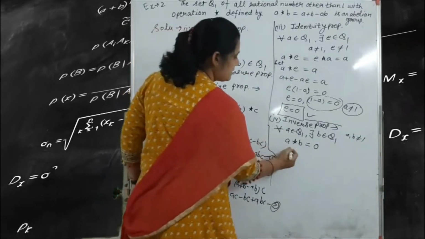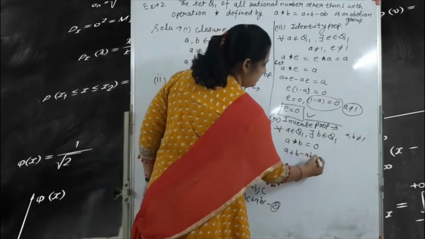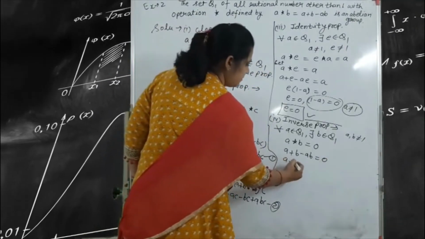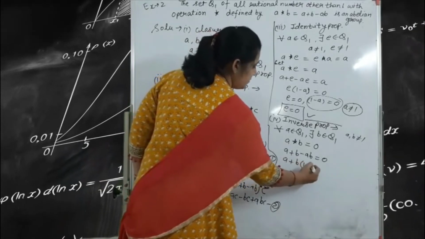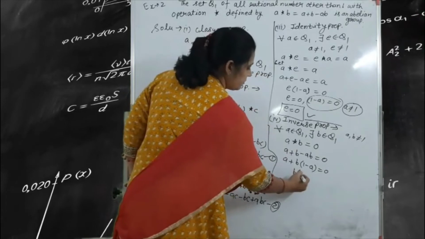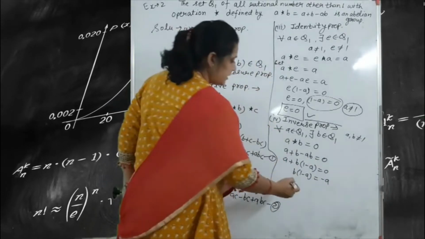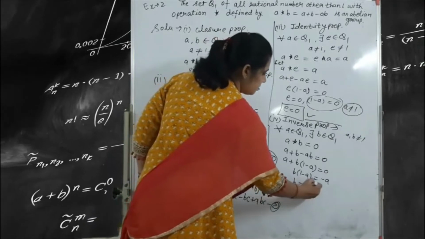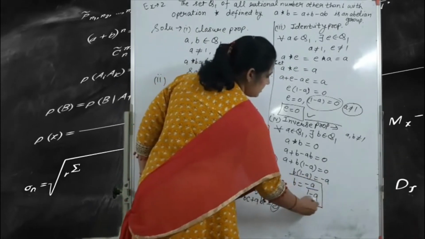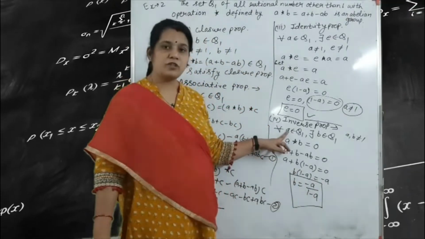So A star B means A plus B minus AB is equal to 0. That means A plus B times (1 minus A) is equal to 0. So B times (1 minus A) is equal to minus A. Got it? So B equals minus A upon 1 minus A. So this is the inverse of the element A.